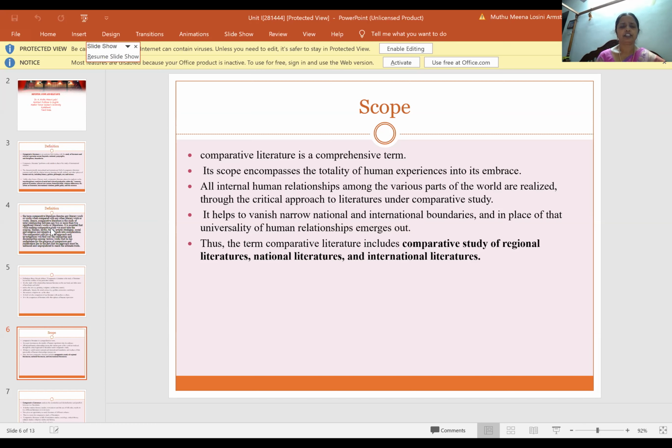And comparative literature helps to vanish narrow national and international boundaries, and in place of that, universality of human relationships emerges. Thus, the term comparative literature includes the comparative study of regional literatures, national literatures, and international literatures.